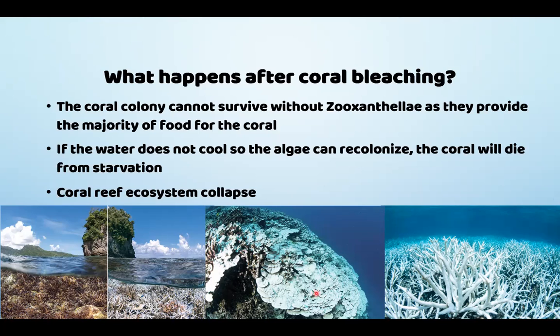So as you can see here, this left picture is in the Pacific Ocean near American Samoa. This is the reef before a coral bleaching event, and then the right-hand side here is coral reef after a coral bleaching event. The center picture here is from right off the coast of Hawaii.